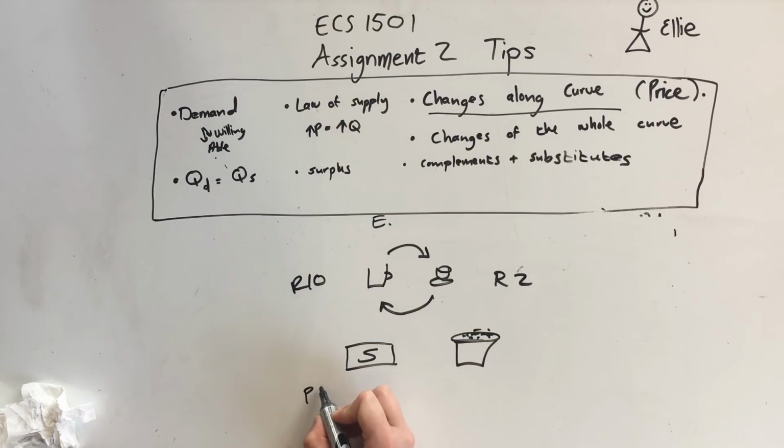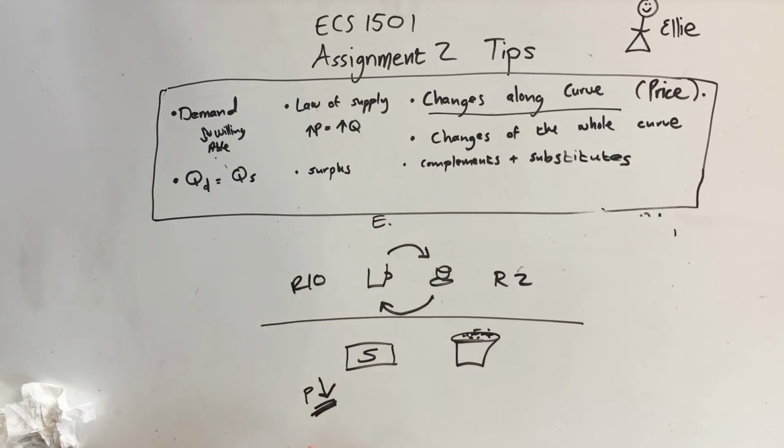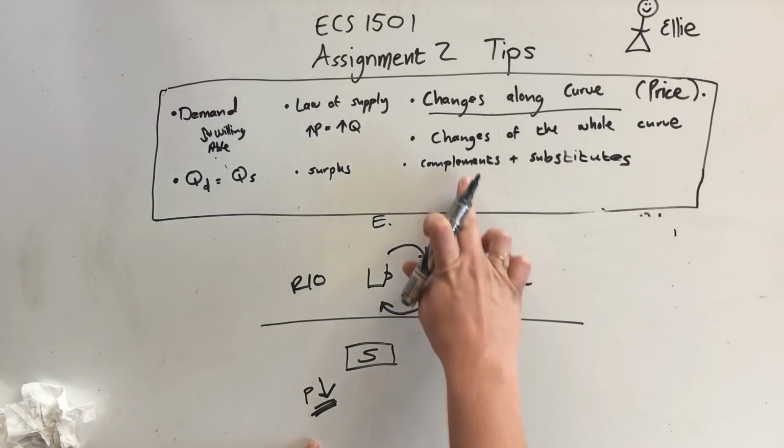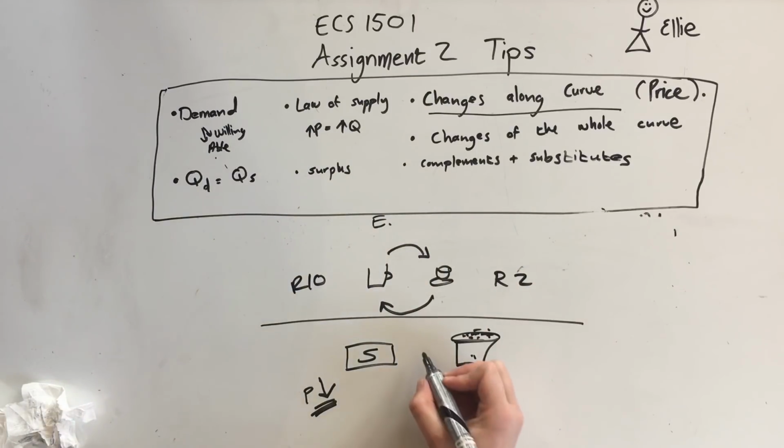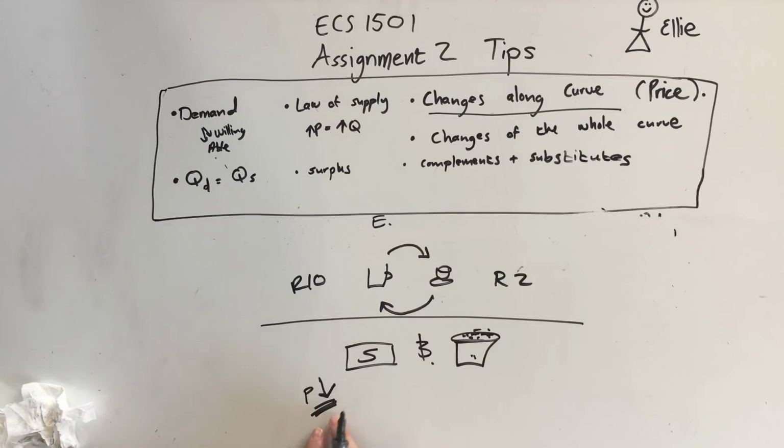If the price for a movie ticket goes down very low, more people will go to the movies, which means more people will probably buy popcorn, because they're complements, like bacon and eggs, they just go together so nicely. So the queue at the popcorn will be longer, which means the quantity for popcorn will go up.